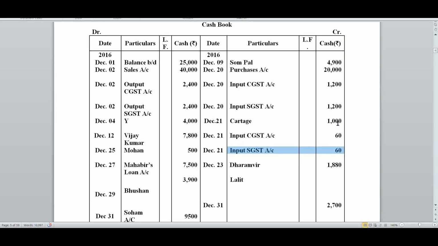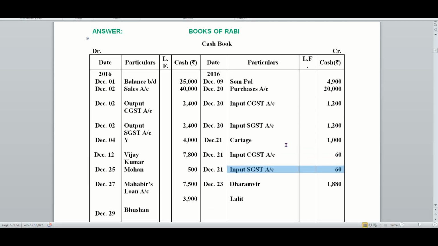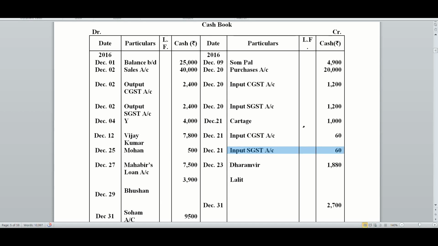So friends, again I am telling you the journal entry: cartage account debit 1,000, input CGST 60, input SGST 60 to cash account.